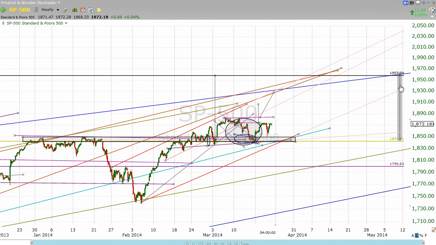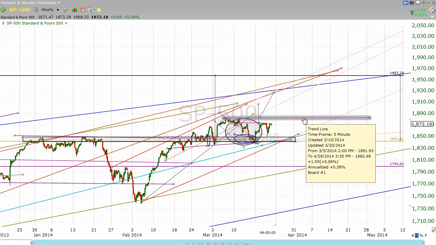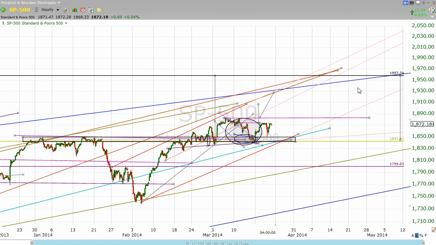I'm kind of duplicating the effort here. You can see that from where we are today, assuming we get over this resistance right here, this is a nice, big, pretty wide open space where there's not a lot that I see to get in the way.